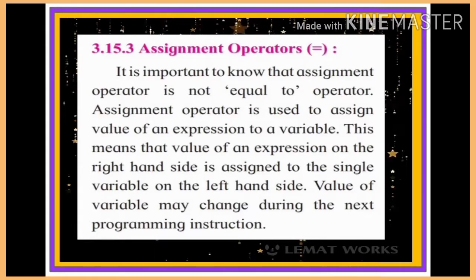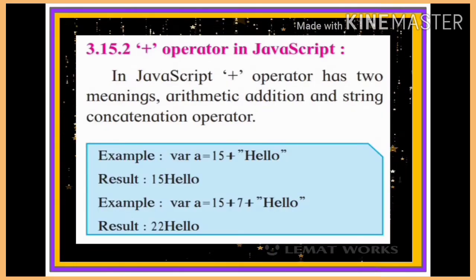Also, we have discussed about assignment operator, equal to operator. The assignment operator is used to assign a value to a variable. Also, we have seen the plus operator, that is concatenate operator. In JavaScript, plus operator has two meanings, arithmetic addition and string concatenation operator.